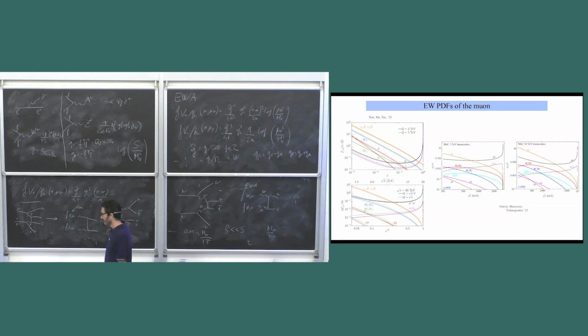So you have, as in the proton-proton collider, partonic initiated processes that are mostly peaked at small x, so they induce dynamics similar to that of the proton-proton collider. The only ones that are peaked on the right are the muon in the muon and the neutrino in the muon that comes from the muon to W neutrino splitting.